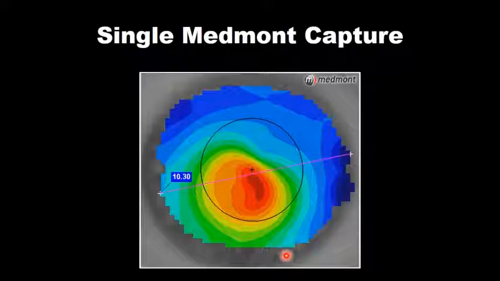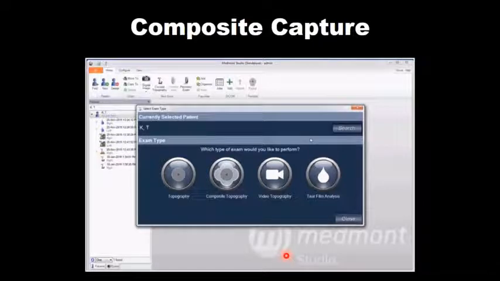Another thing the Medmont can do is video topography, recording video of the Placido reflection, so you can observe where there's tear film breakup. Then there's also a dedicated tear film analysis capture. So there's various captures that the instrument does. It's not just one single topography capture.